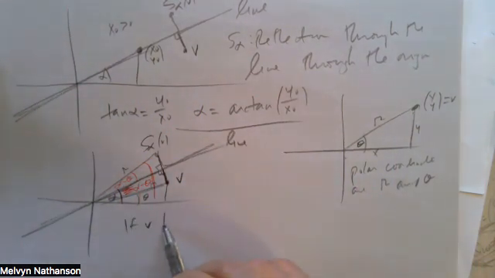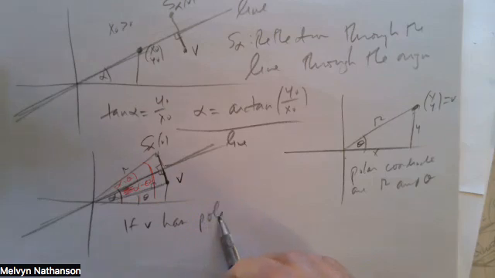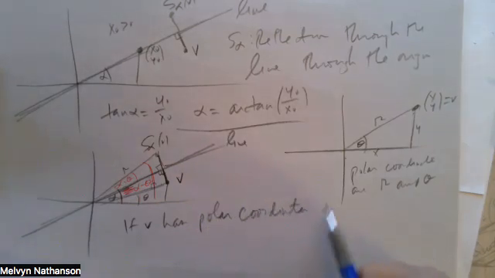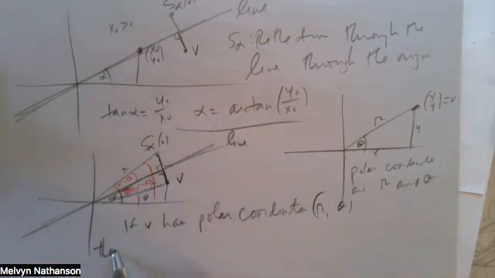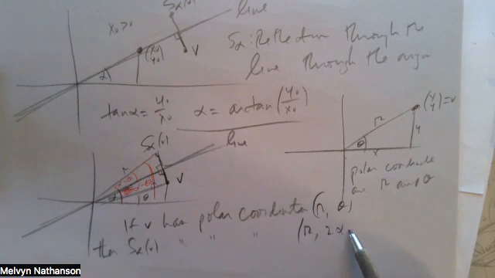So if v has polar coordinates r and theta, then S alpha of v has polar coordinates the same r, but the angle is 2 alpha minus theta.